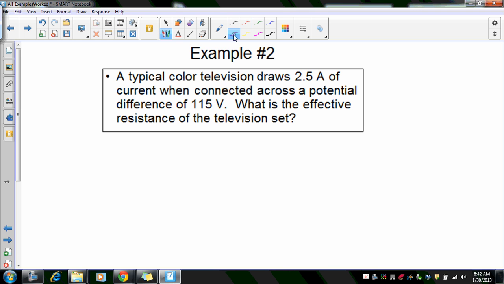All right, next example. A typical color television draws 2.5 amps of current. So CIA. When connected across a potential difference of 115 volts. So V and V. What is the effective resistance of the television set? So this time we're looking for R. So V equals IR.